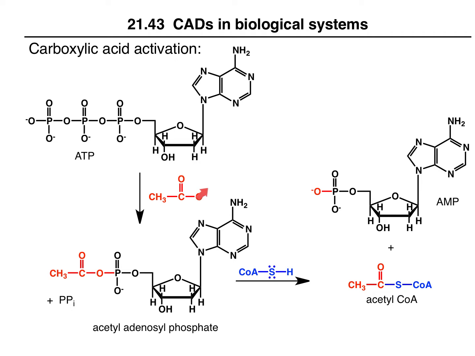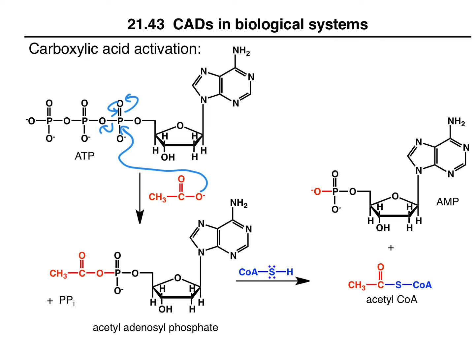And so this is going to add to this phosphorus, and it does basically nucleophilic acyl substitution, where this adds here. These electrons go up, back down, kick this out as a leaving group, giving us the acid with a really good leaving group.